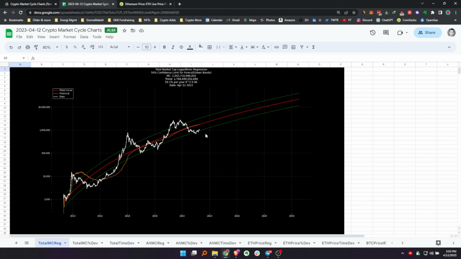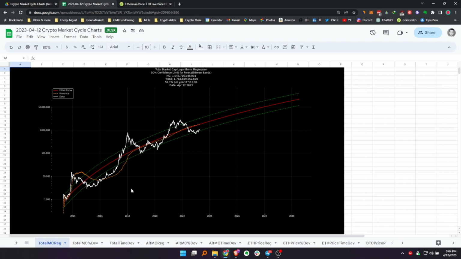I can't emphasize this point enough. This is why, if I'm doing videos regularly, this is what I want to do them on. It's some of the most important things to watch on a macro level, so you know when you can get in cheap and when to get out when it's high. So with that being said, let's dive in.